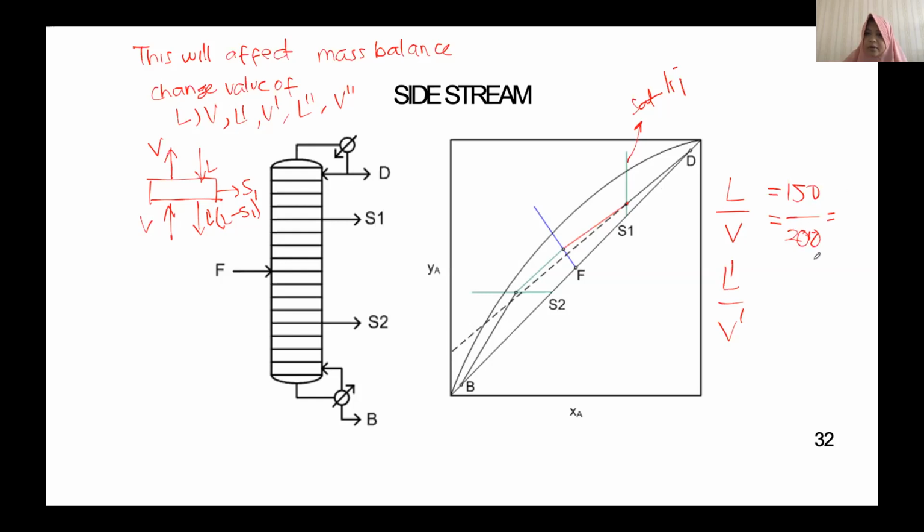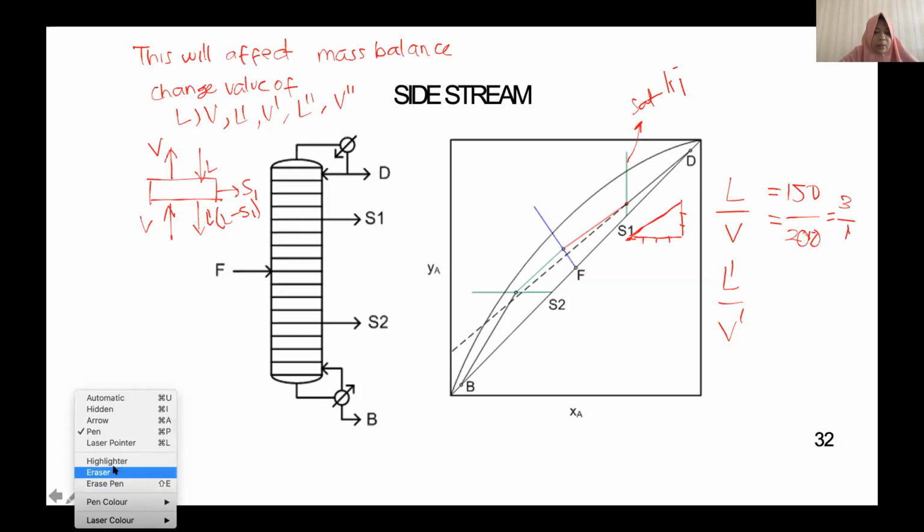So 3 over here, 3 scale, and then 4 over there. 1, 2, 3, 4. Yeah, make a scale. So let's say this is the slope. Sorry, the slope is not x over y, but delta y over delta x.